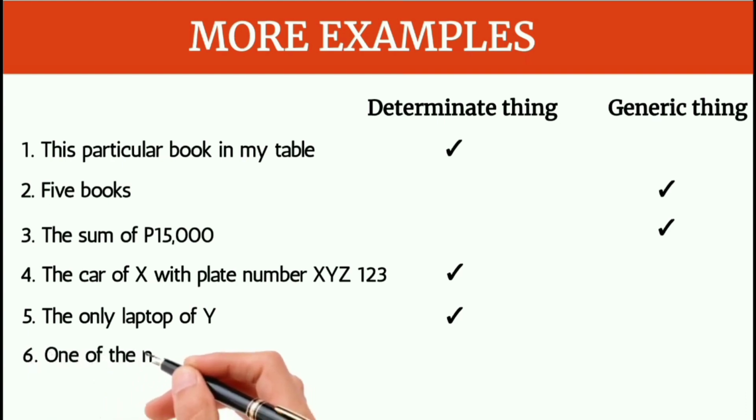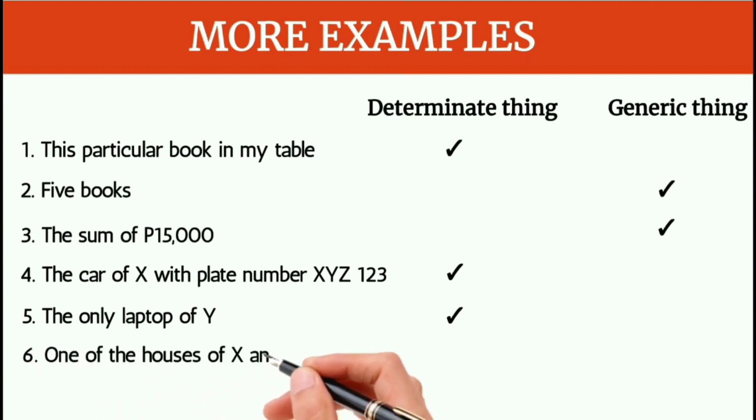Next, one of the houses of X and Y. Ang sabi dito, one of the houses. Ibig sabihin, maraming bahay, si X at si Y. Ang tinutukoy dito ay yung isa sa mga bahay ni X at Y. Although ang sinabi dito ay one of the houses of X and Y, hindi naman in-specify kung alin sa mga bahay na ito yung tinutukoy.